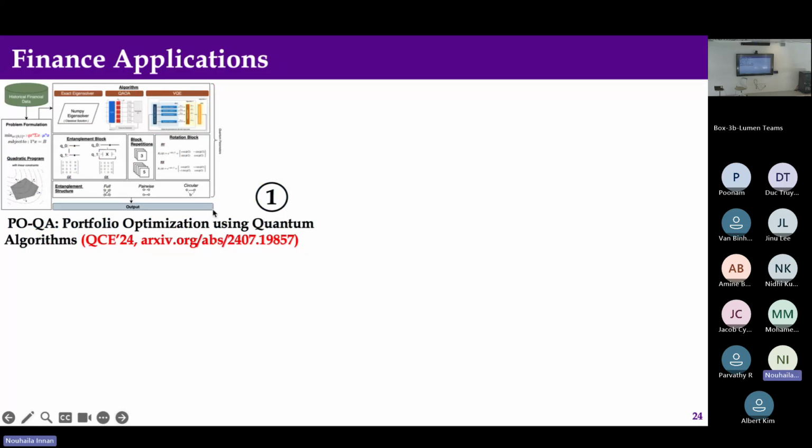Okay, so for the finance application, as I mentioned, it can be used for different ones. This is just an example. It's called portfolio optimization. In this work, we proposed a framework for exploring quantum circuit parameters. We use two algorithms: the variational quantum eigensolver, because this is an optimization problem, and the other algorithm is the quantum approximate optimization algorithm.